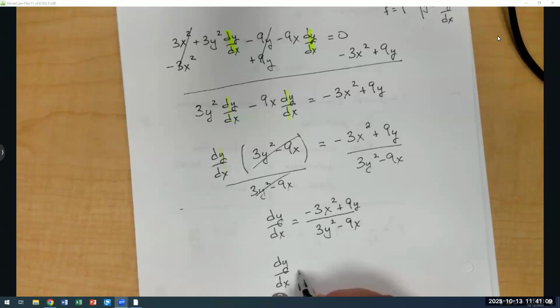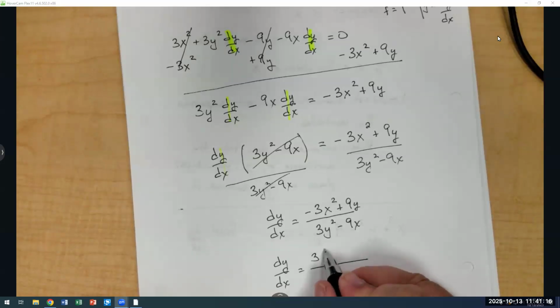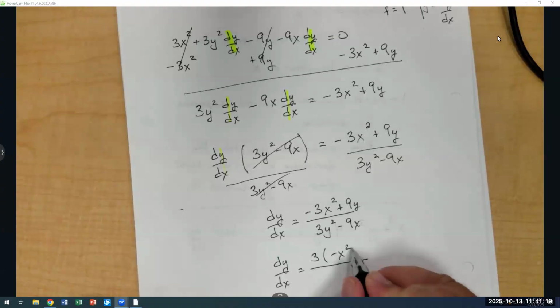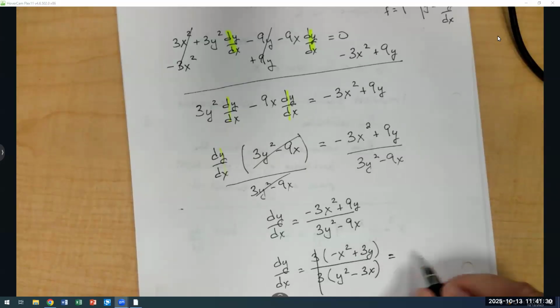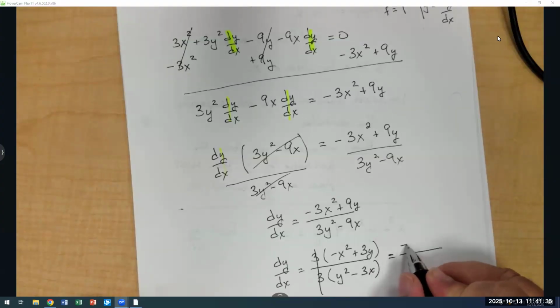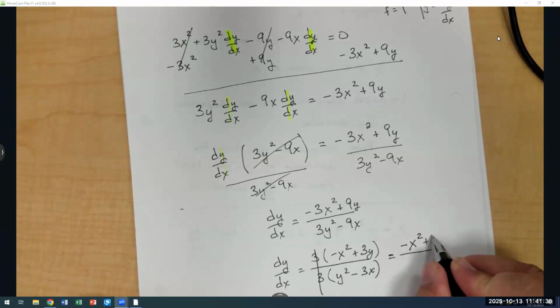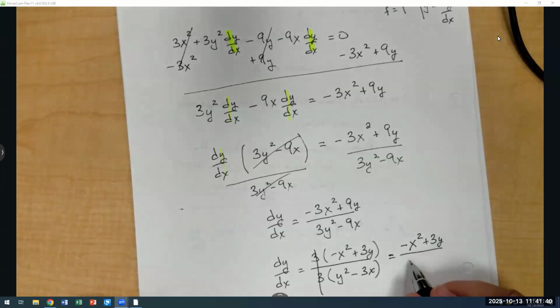Yes, you can. There's a 3 on top. So we have negative x squared plus 3y. There's a 3 on the bottom, which is y squared minus 3x. The 3's cancel. So my final answer is negative x squared plus 3y over y squared minus 3x.